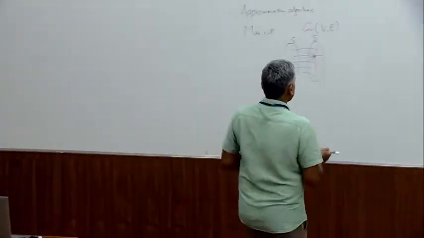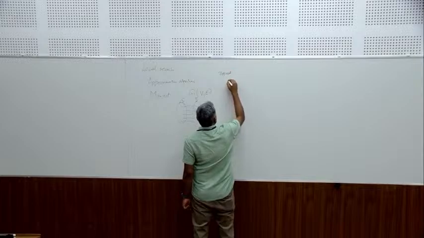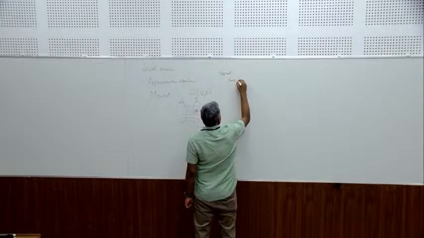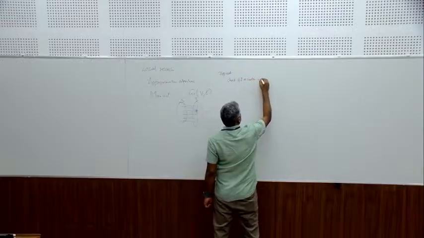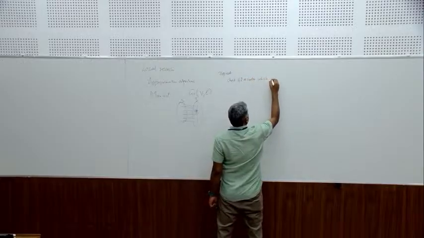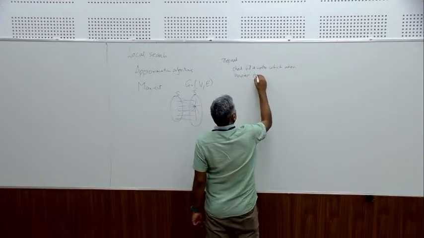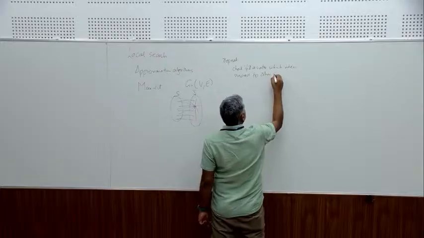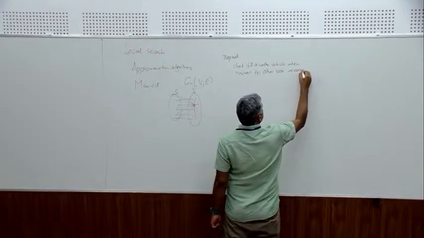Yeah, so I can write the entire algorithm: repeat, check if there exists a vertex which, when moved to the other side, increases the size of the cut, and make the move.